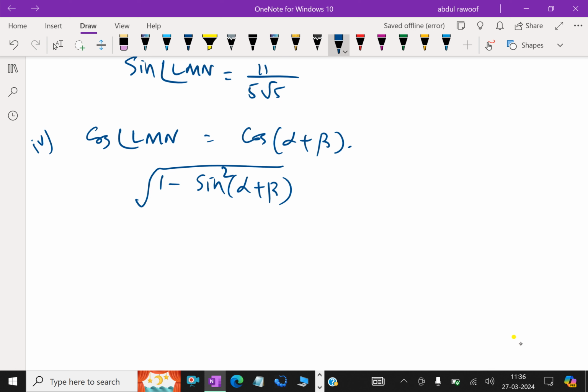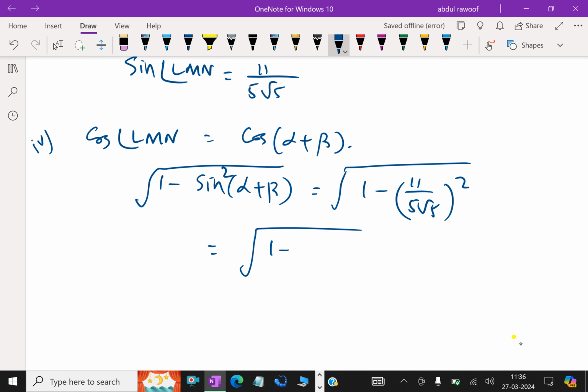That equals the square root of 1 minus 11 over 5 root 5, squared. 11 squared is 121, and 5 root 5 squared is 25 times 5, which is 125.